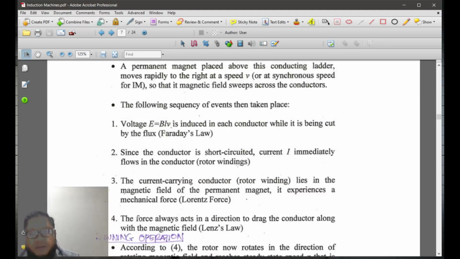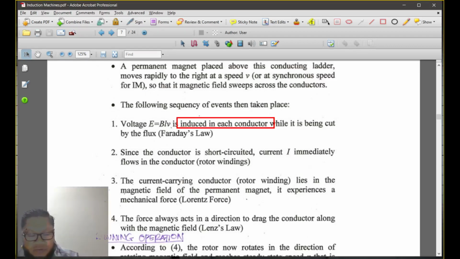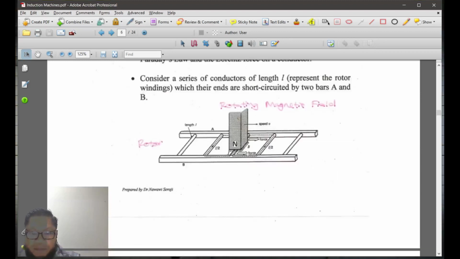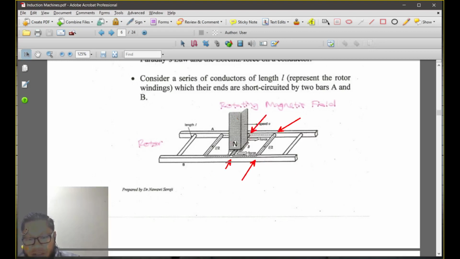The first one: when you start to move the permanent magnet, there will be a voltage induced in each conductor, which means when you start to cut the copper wire with the magnetic field, there will be a voltage induced across that copper. That is known as E equals BLV.